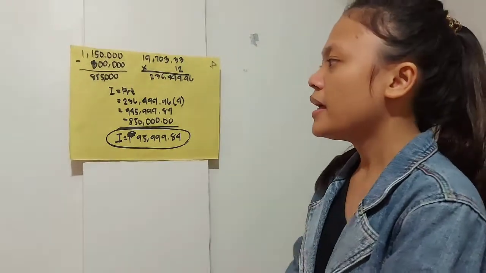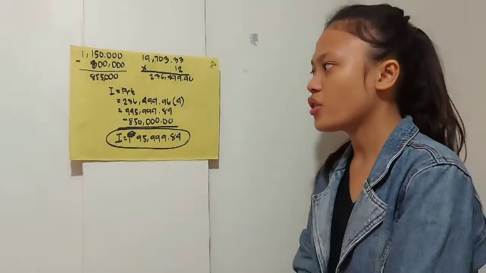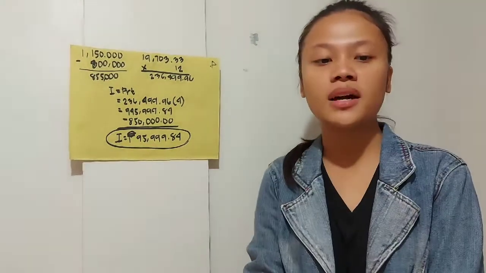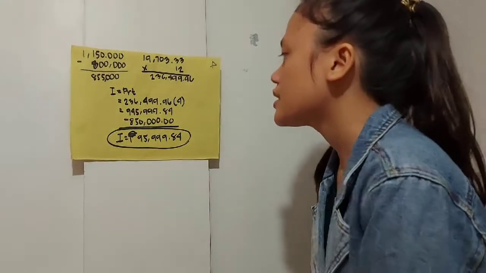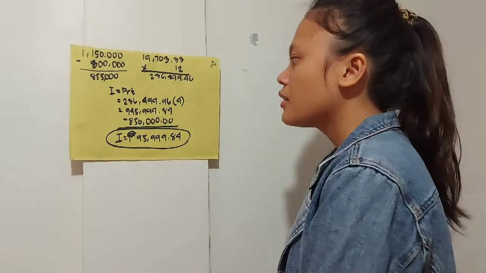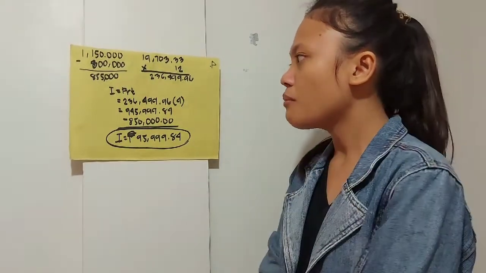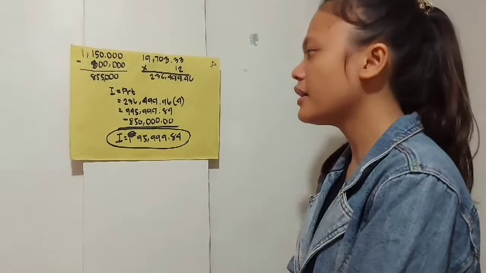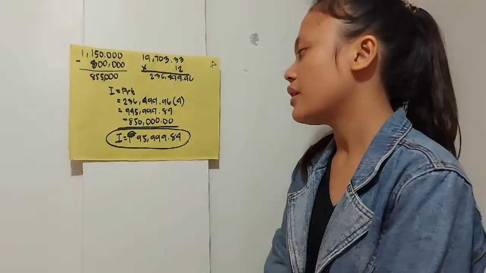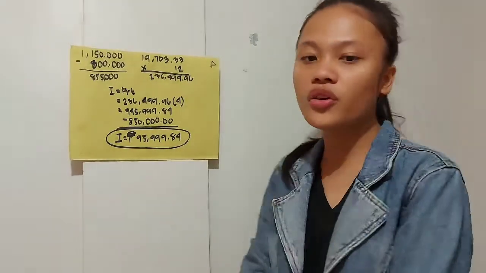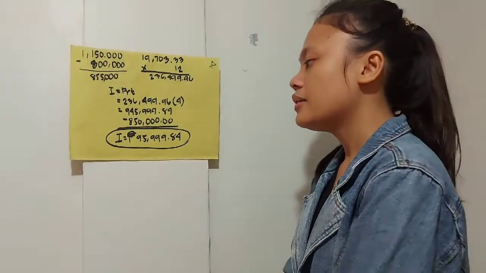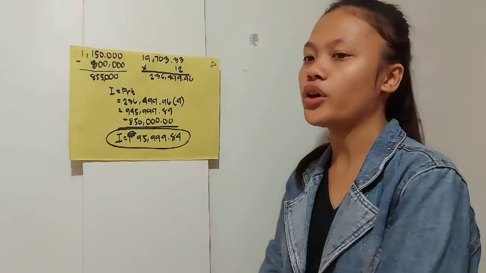So P is 236,499.96 times 4, which is the 4 years given in the question, equal to 945,999.84 minus 850,000 is equal to 95,999.84. So our finance charge for April 5 is 95,999.84.